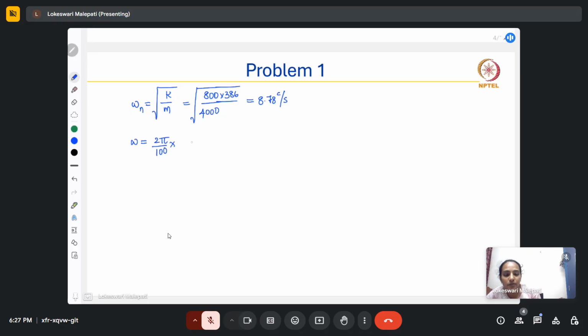V is given as 40 miles per second. We need to convert that into inch per second. So the conversion factor is 1.46. So what would you get? We need to convert that into feet per second because the length is in feet. So the conversion factor is 1.46.